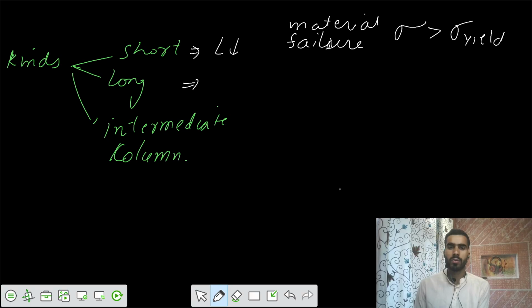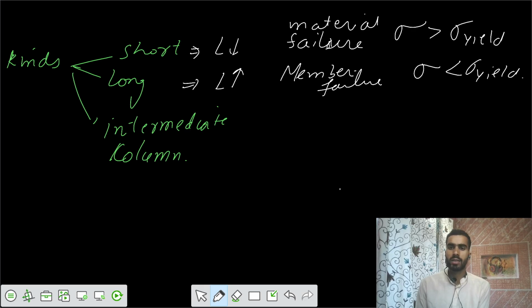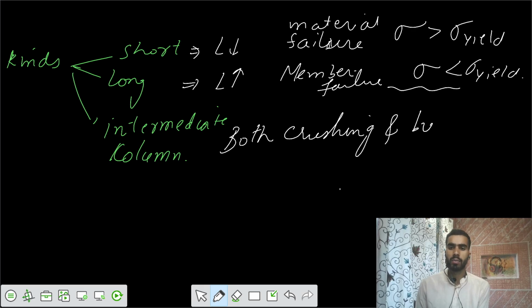In the long column the length is very large, and there is member failure, not material failure, meaning stresses are even lesser than yield stress, but the member is failing. The third one has the characteristics of both, so both failures happen, both crushing and buckling of the material.